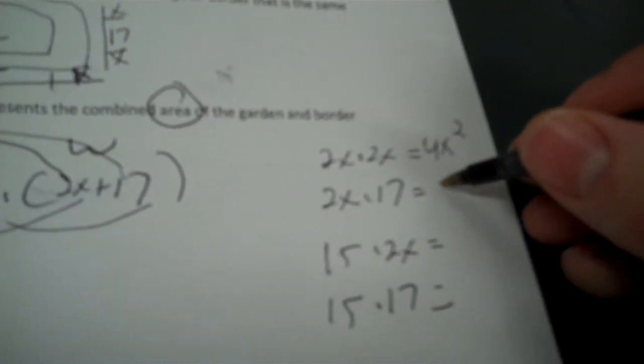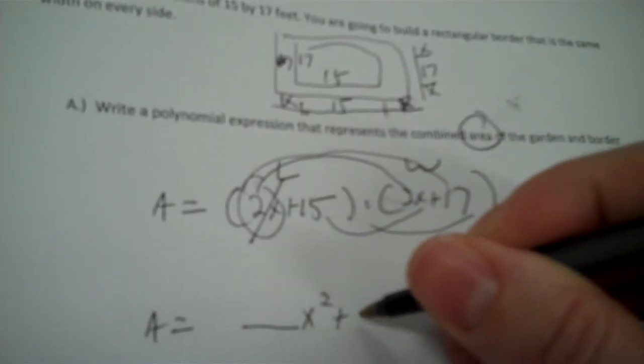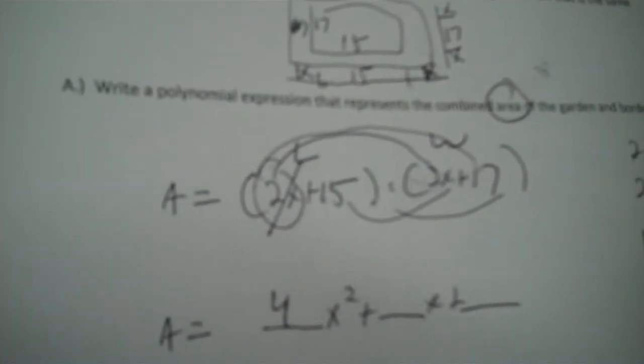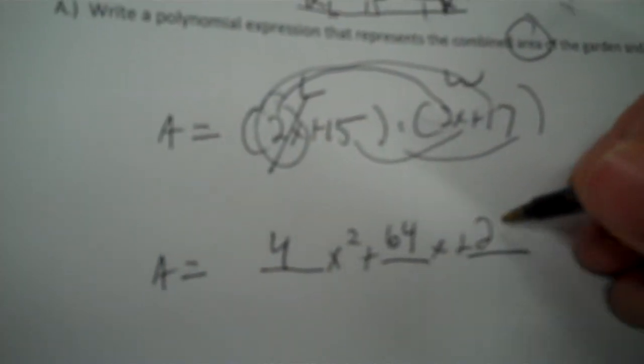So 2 times 2 is 4, x times x is to the second power. 2 times 17 is 34x, 15 times 2 is 30x, 15 times 17, 255. So x second, we're going to have 4x, 34 plus 30 is going to be 64. And then 255.